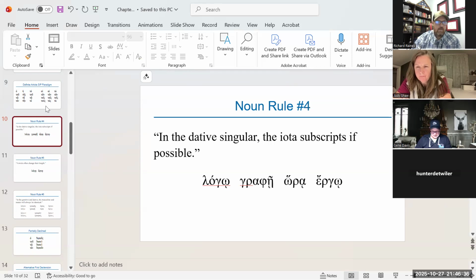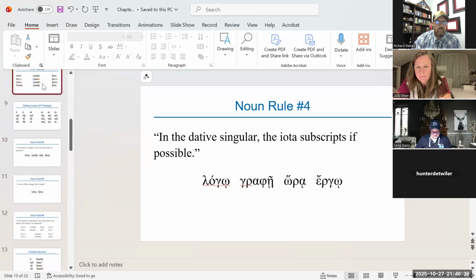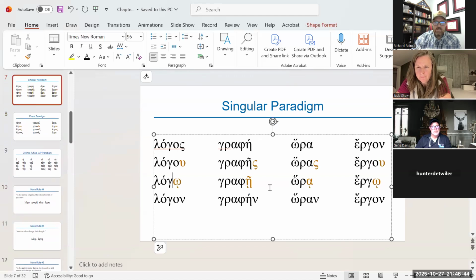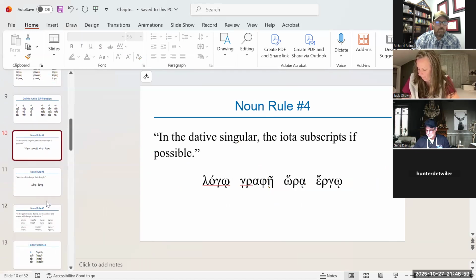Because if you look back here across the dative, whether it's masculine, feminine, or neuter, if you spot that little subscript, it's a giveaway that it's a dative, right? Just a little rule that might help you.